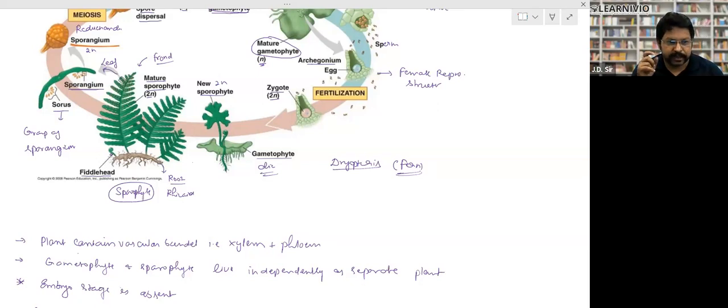That is their local name, lingard. They take out these fiddleheads, these rolled leaves, which are new emerging leaves that look like springs. They break and pick these leaves and make vegetables of them. They are very nutritious and have very good medicinal value, right? So this was just for your information.